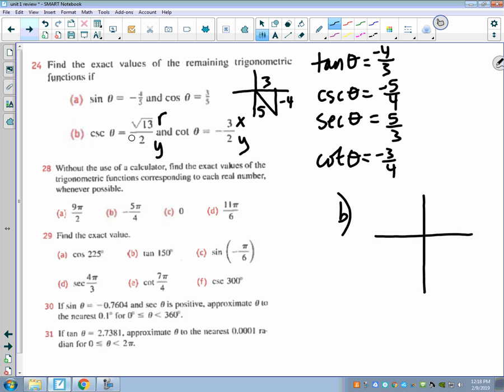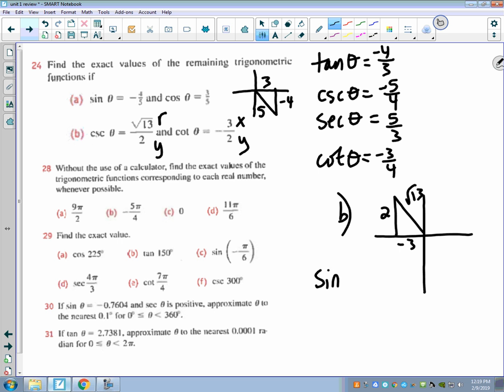If cosecant is positive, I think that's a positive, or is that a negative sign? It looks positive to me. And this one's negative. So if cosecant's positive but cotangent's negative, that would be up here. So y is 2, r is 13, which makes x negative 3. They give us everything, and now it's just writing the rest of them out.